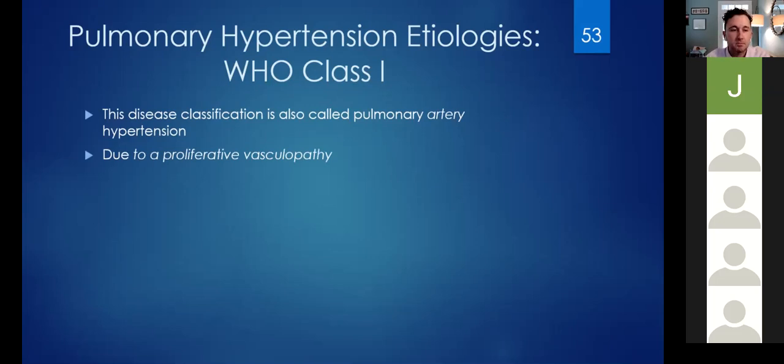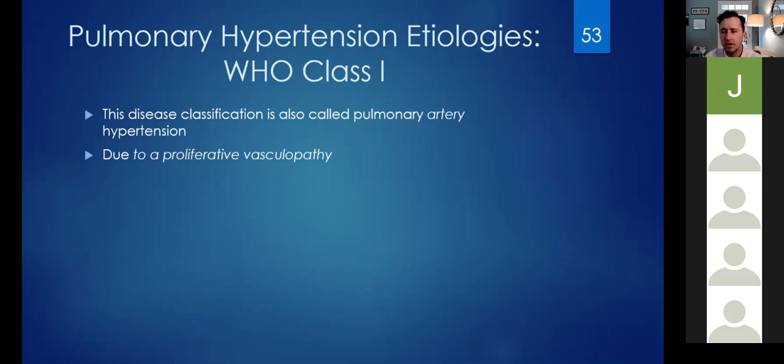So this particular class of pulmonary hypertension is due to hyperplasia and hypertrophy of all three layers of the vascular wall. So it's really a vascular issue that kicks us off. And this specifically happens in the small pulmonary arteries down to the arterioles, and ultimately it's going to cause that pulmonary vascular resistance to increase, which finally leads to pulmonary hypertension.